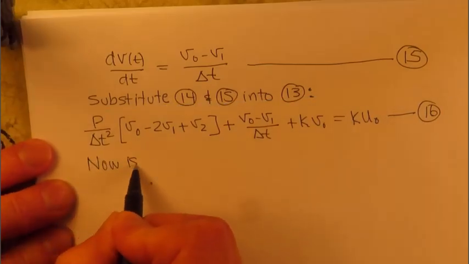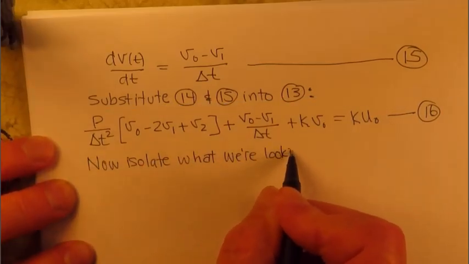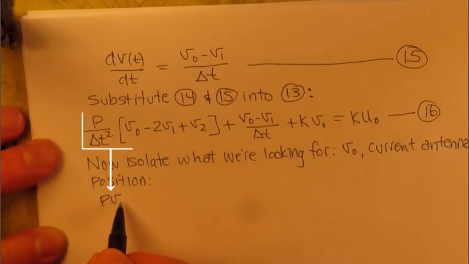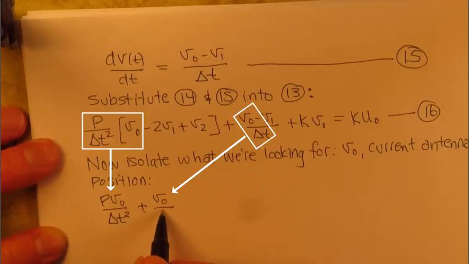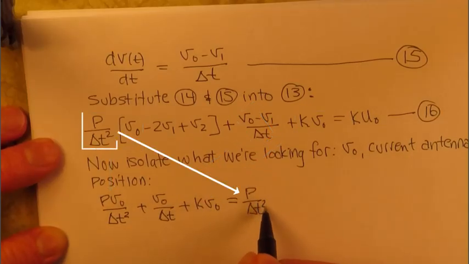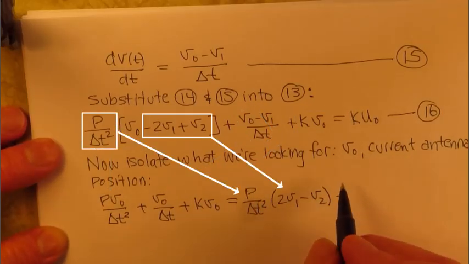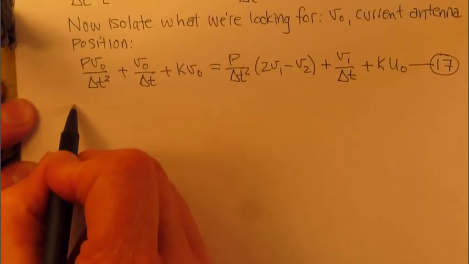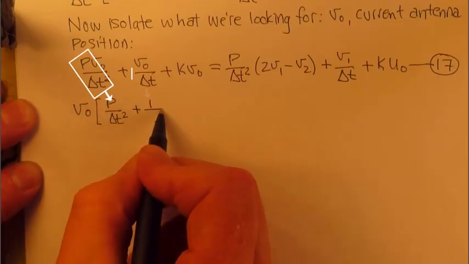Now isolate what we're looking for, which is the variable V0, which is the current antenna position, or the current gate position. It's calculated from the input, U0, and the previous two values of the antenna position, let's say, V1 and V2, and that's equation 17. So collect like terms on the left side, that's equation 18.